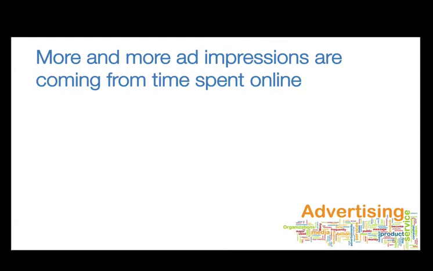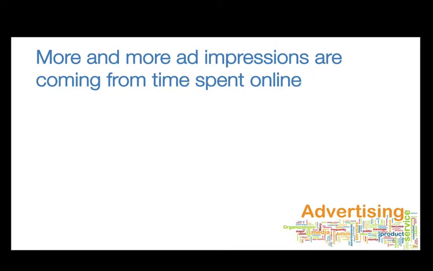Obviously, we're all aware of the shift from print reading, newspaper reading, that has taken place, and people now getting their news from their digital devices, whether that's computers or mobile devices. So where advertising used to completely dominate is now shifting.